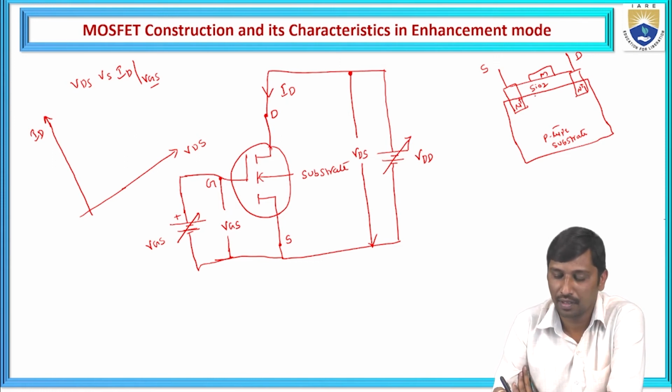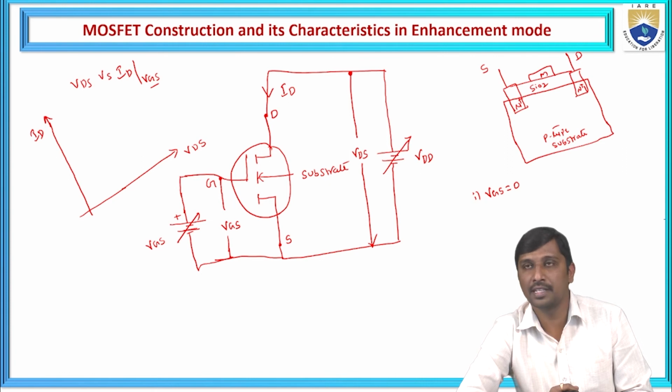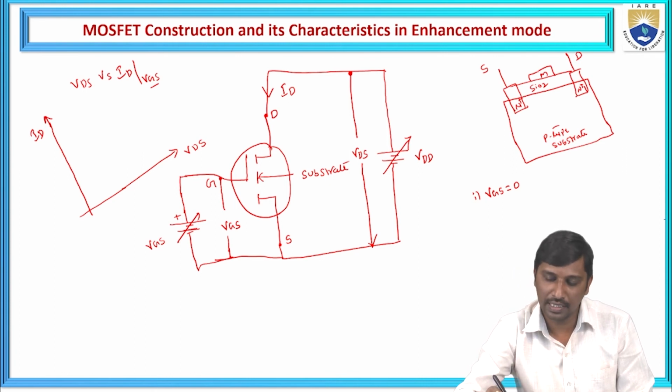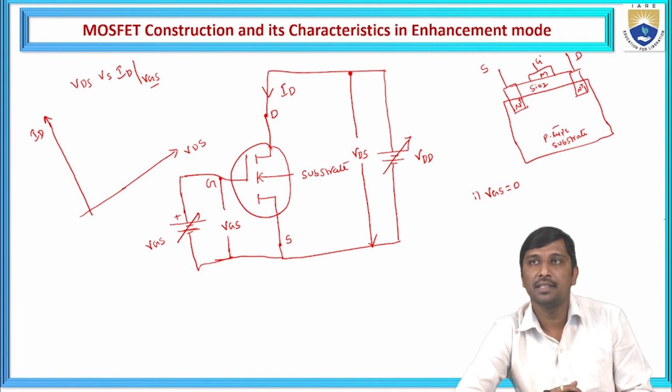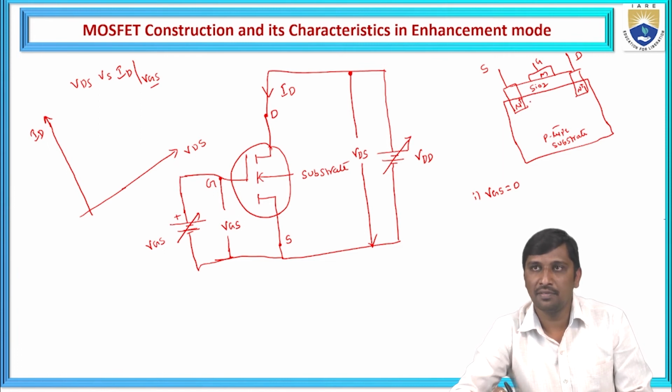Now let us consider initially that VGS is 0, meaning we have not connected any biasing voltage between the gate and the source, so there is no force on the gate terminal. If there is no force, there is no force induced at the opposite plate of the capacitor. Hence, when VGS is 0, no channel is induced between the source and the drain.